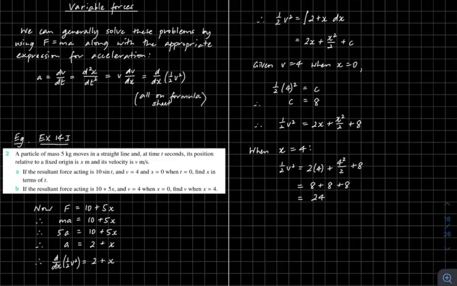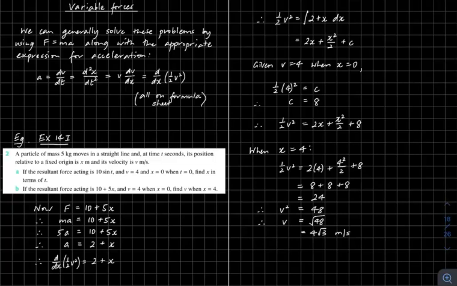So therefore v squared will be double that, and we're trying to find the velocity. Therefore velocity is the square root of that. What's the square root of 48? It's 16 times 3, isn't it? So square root of 48 we could write as 4 root 3 meters per second.